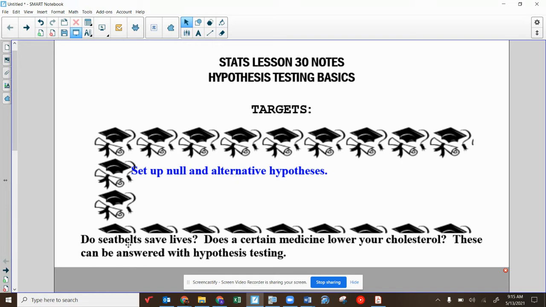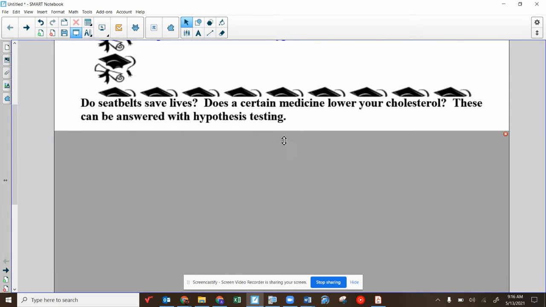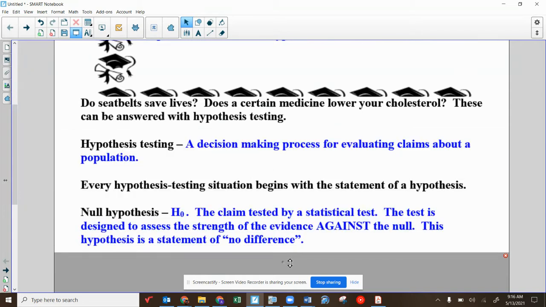For instance, do seatbelts save lives? Does this particular medicine lower your cholesterol? That would be your cholesterol stays the same or your cholesterol is lowered. This one would be seatbelts save lives or don't save lives. So again, what we're going to set up are these two pieces.